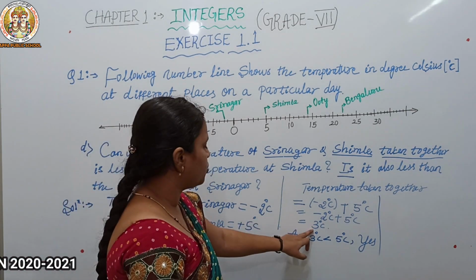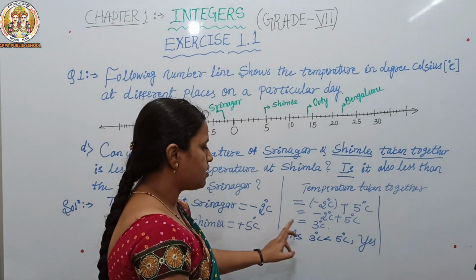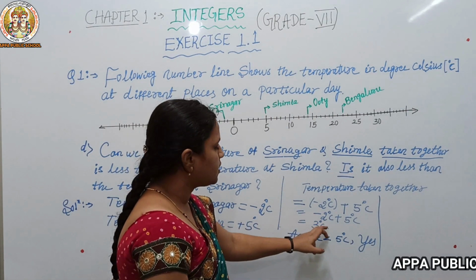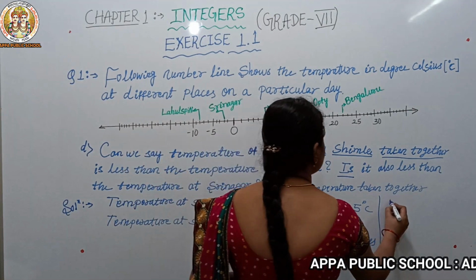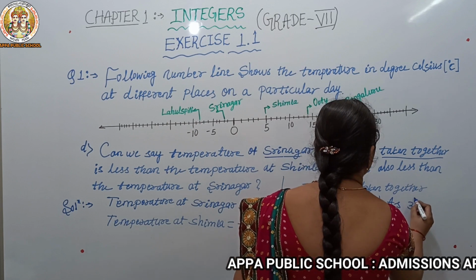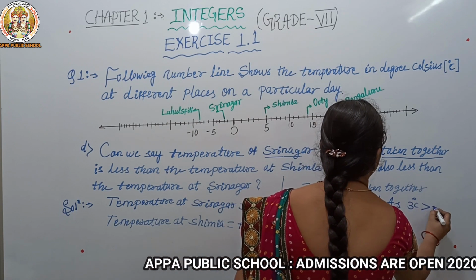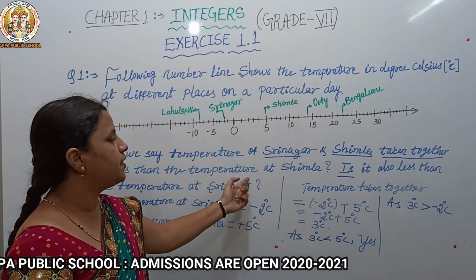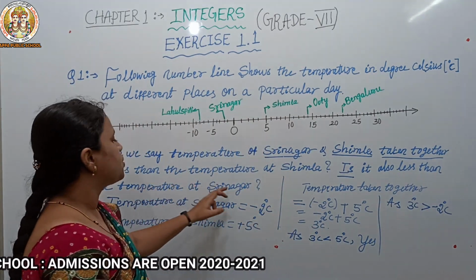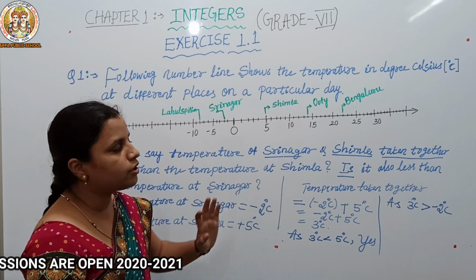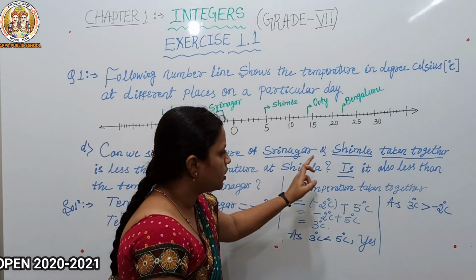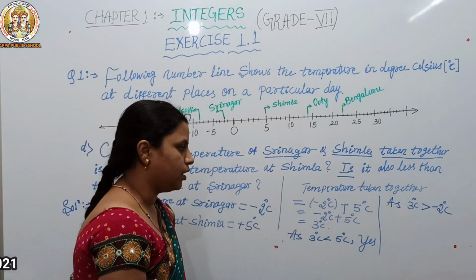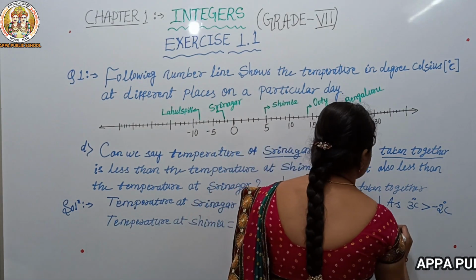So negative is less and positive is more. Now this temperature becomes the more, as 3 degrees Celsius is greater than -2 degrees Celsius. So it is not less than the temperature at Srinagar. It is more than the temperature at Srinagar. So here you should write no.